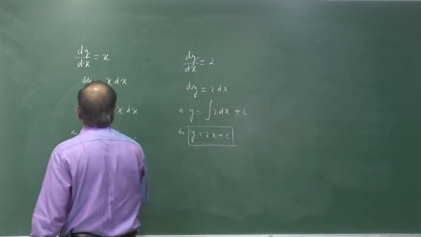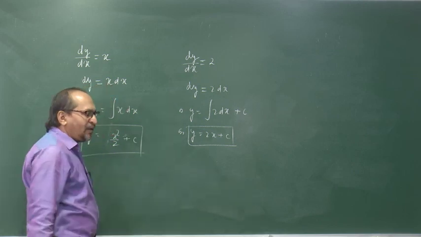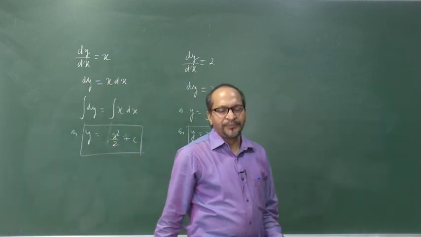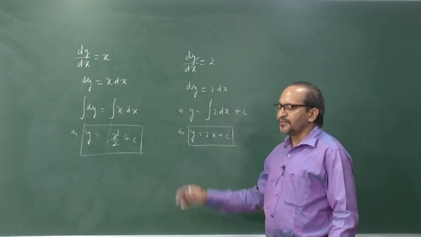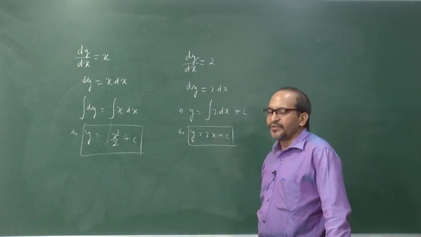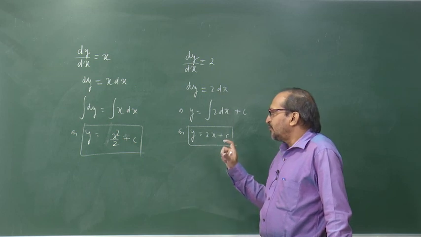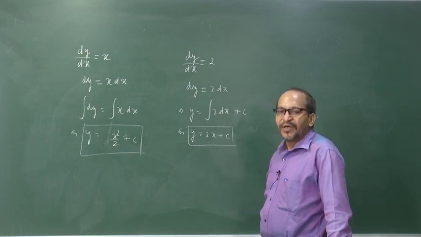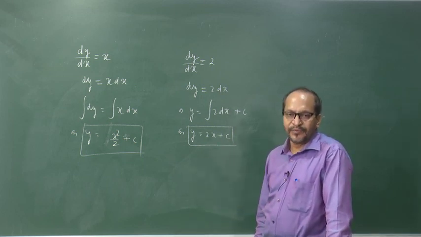Here y is equal to x square by 2 plus c. So, this is the solution of a very simple differential equation. But why did I discuss these simple equations? Only to give a better perception about what we are going to discuss about the initial value problem.